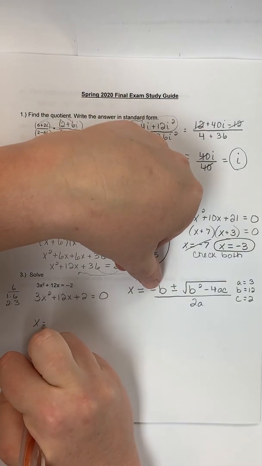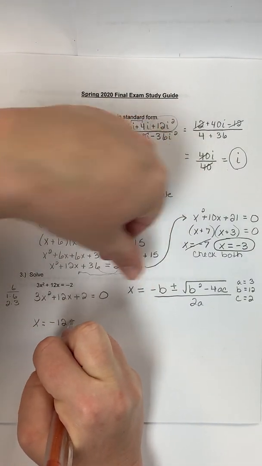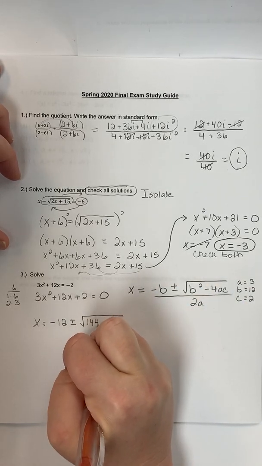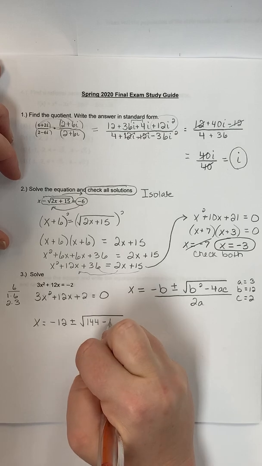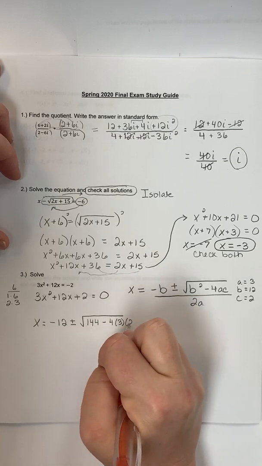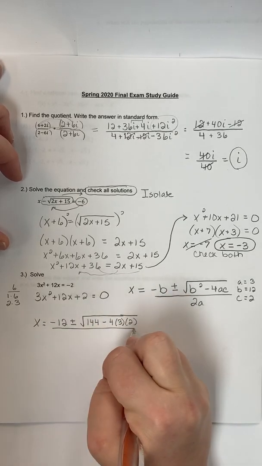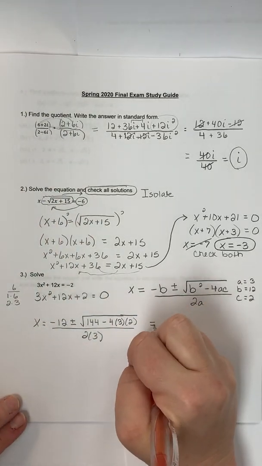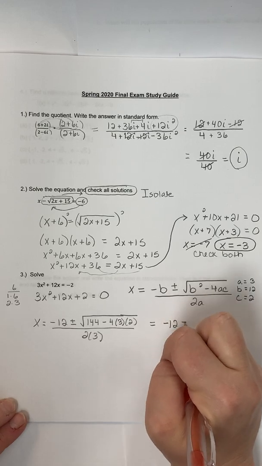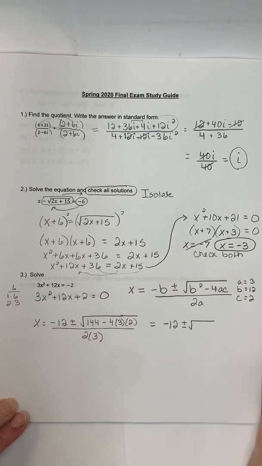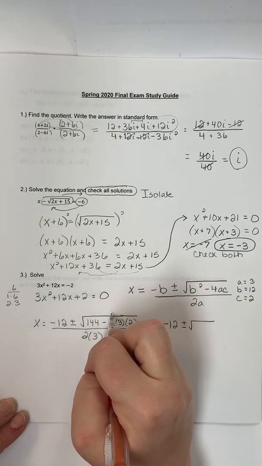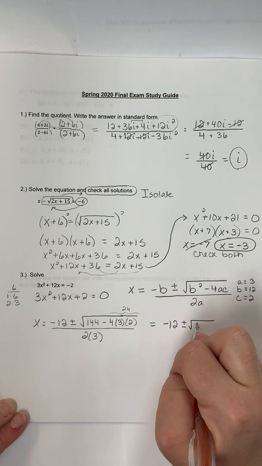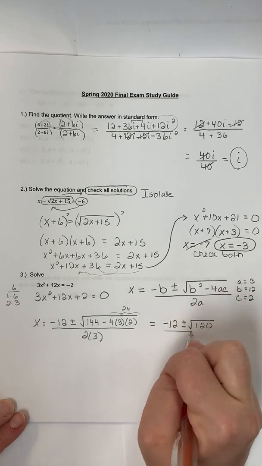All right, so negative B, or opposite of B, is -12, plus or minus B squared, that's gonna be 144, minus 4 times 3 times 2, all over 2 times 3, okay? It's gonna give me a -12 plus or minus, this is gonna be 144 minus a 24. That's gonna give me a radicand of 120, all over 6.